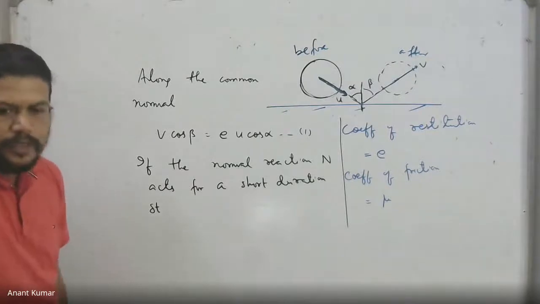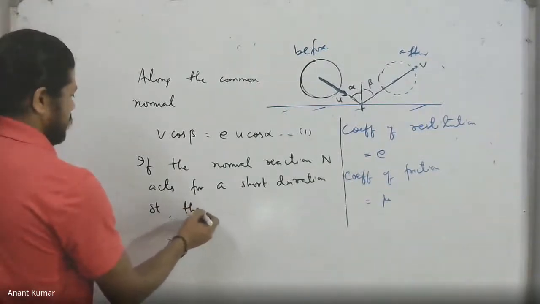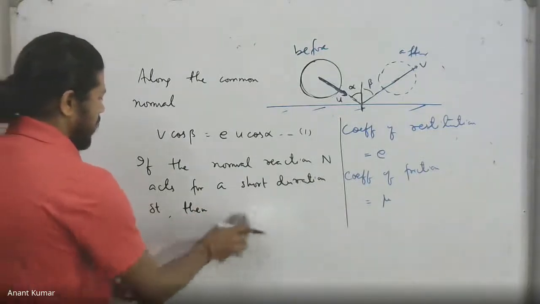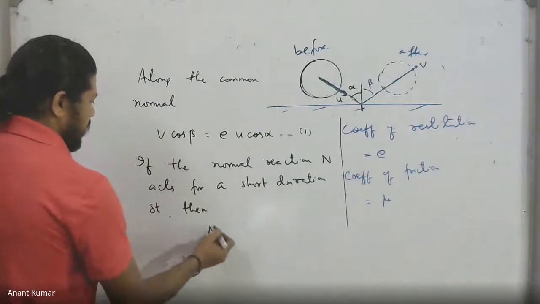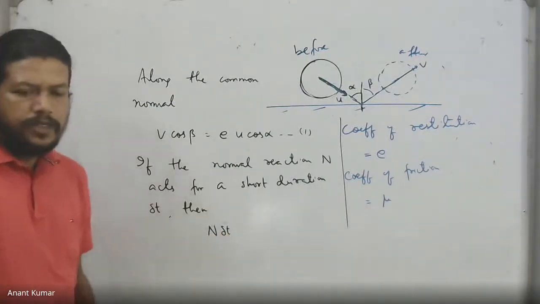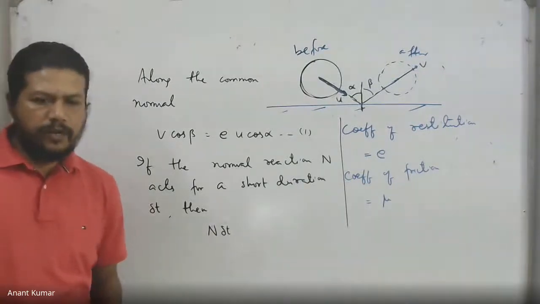In that case, you could write down that the impulse of the normal reaction, the impulse is N dt, that is the impulse of normal reaction. This is equal to the change in momentum in the perpendicular direction.